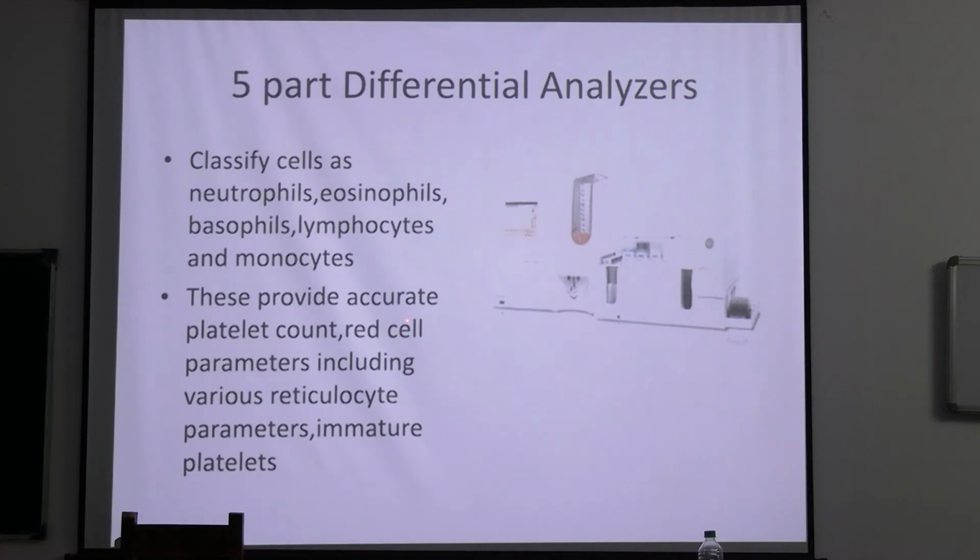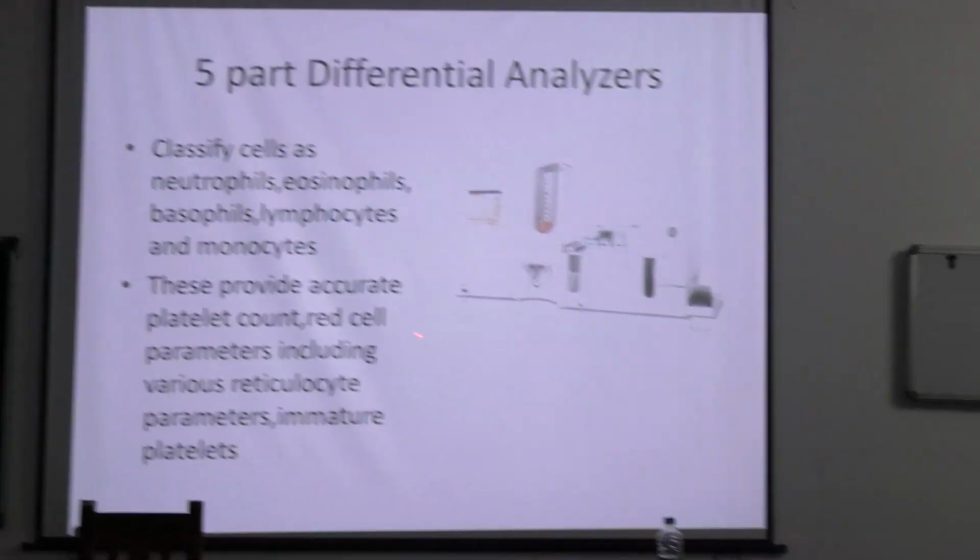You will get all the anomalies the machine can detect, and you will become cautious and you will see the slide. When you see the slide, you can always compare the slide with the readings given by the machine. This is the 5-part differential.